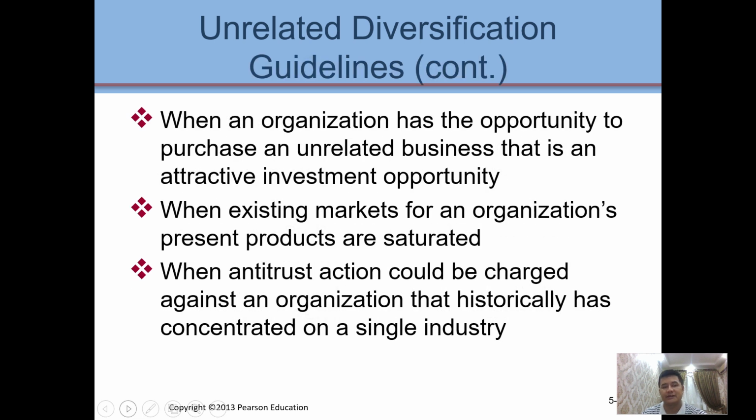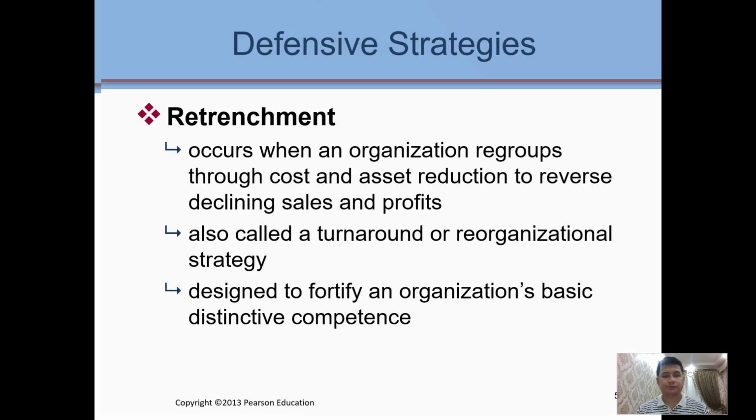Additionally, when an organization has the opportunity to purchase unrelated businesses that are an attractive investment opportunity. When existing markets for an organization's present products are saturated, then you can do unrelated diversification in your organization. And when an antitrust action could be charged against an organization that historically has concentrated on a single industry.